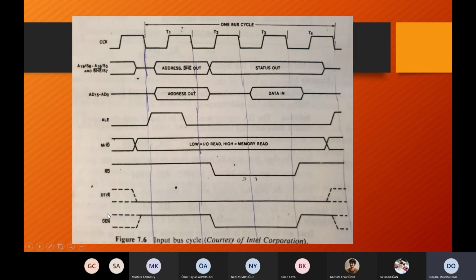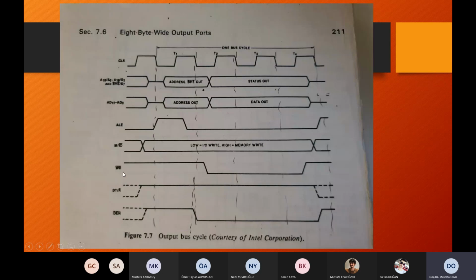While the read signal is used only for reading, during the write operation, as you can see, write and data enable signals are almost the same. While the write signal is low here, the read signal will be 1, because you can either read or write; they cannot be done together.